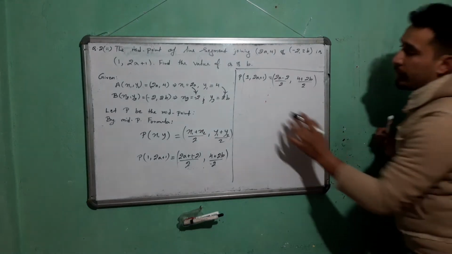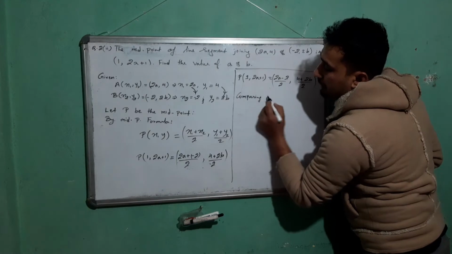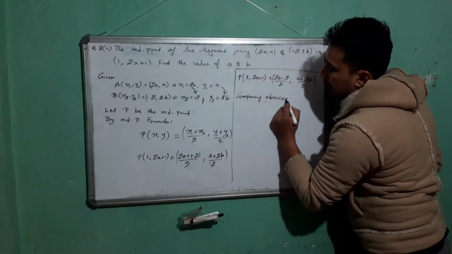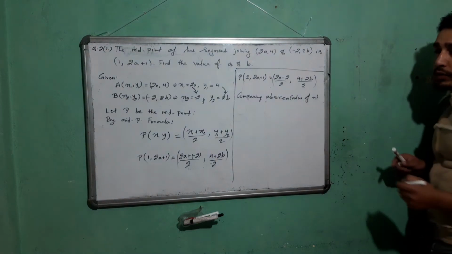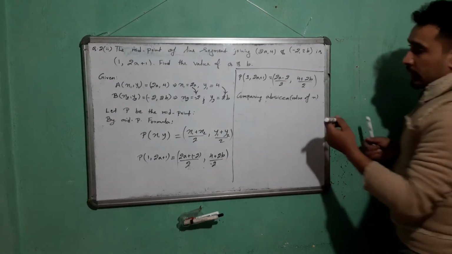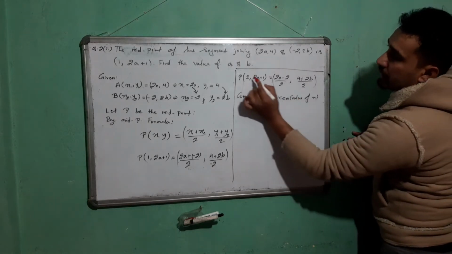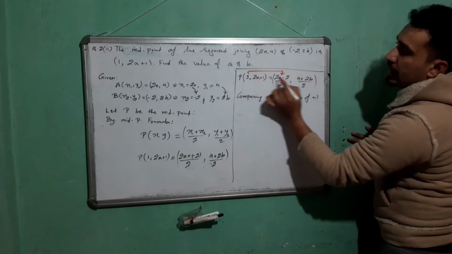Now you have to compare the abscissa, that is the value of x. I gave you this in the formula during the previous class. Compare this abscissa and this abscissa.